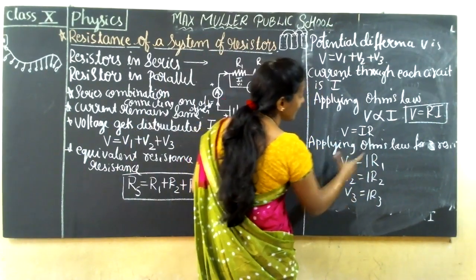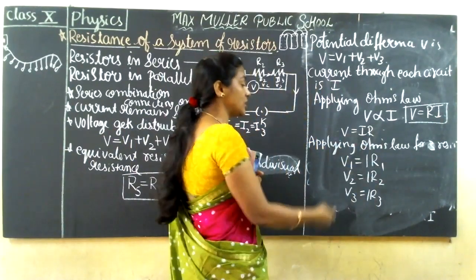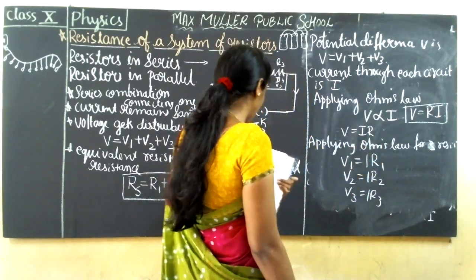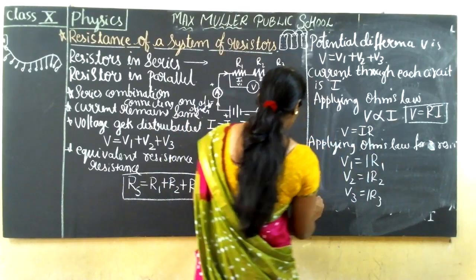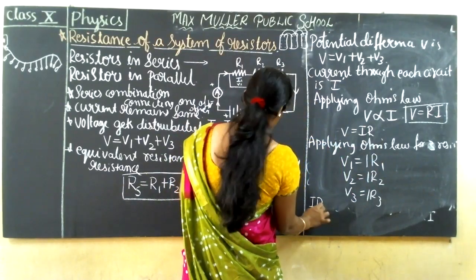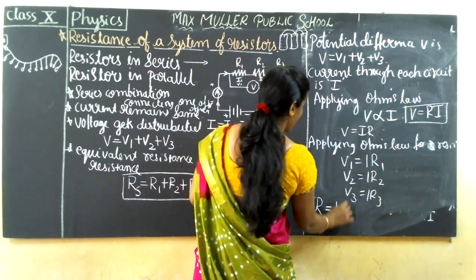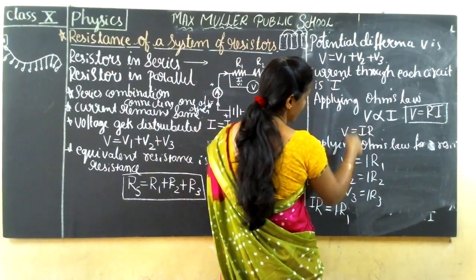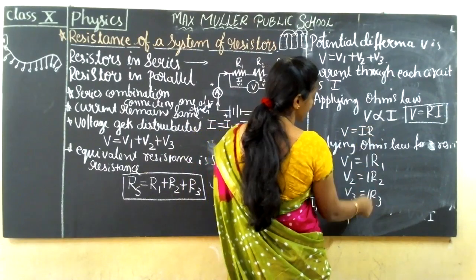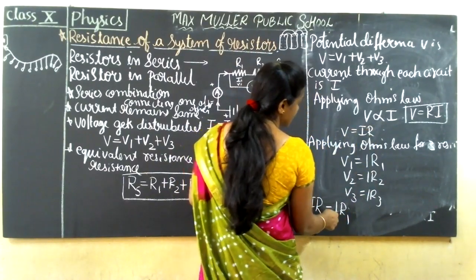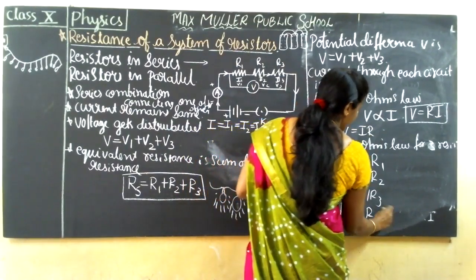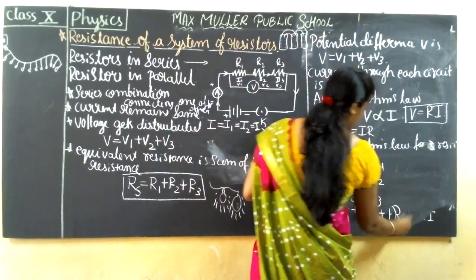So you are applying Ohm's law for all the three resistors. So what will be our conclusion here? V is equal to V1 plus V2 plus V3, so IR is equal to IR1 plus IR2 plus IR3.